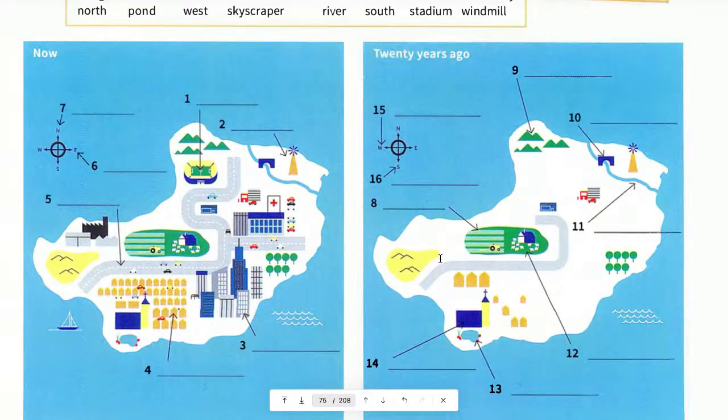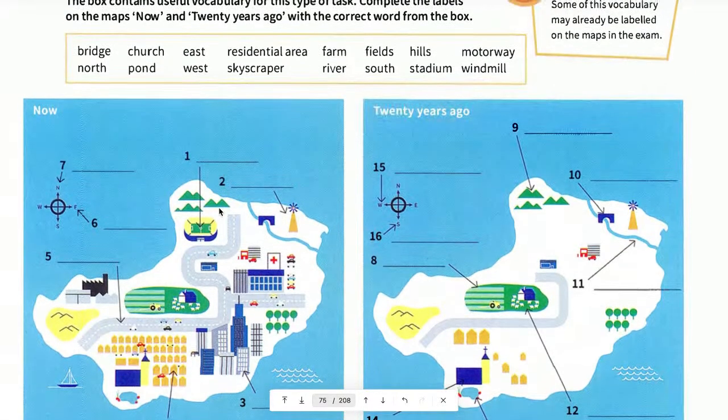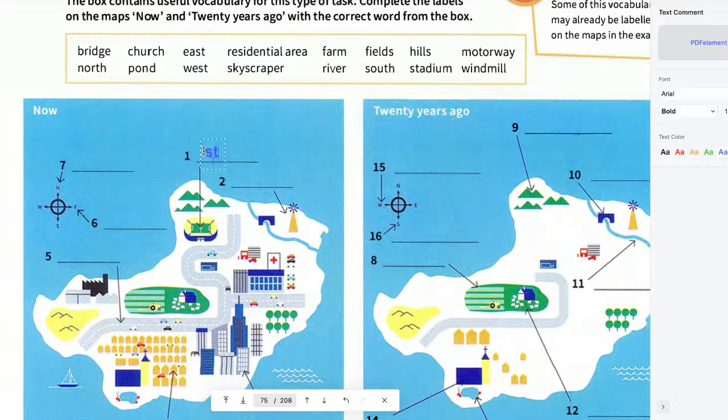Now number 1. What's that? Stadium. Yeah, number 1, that is a stadium. So you can see the word stadium right there. You can write there, stadium.